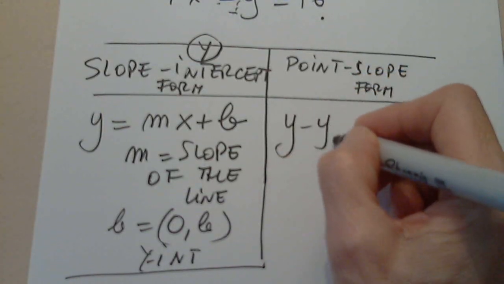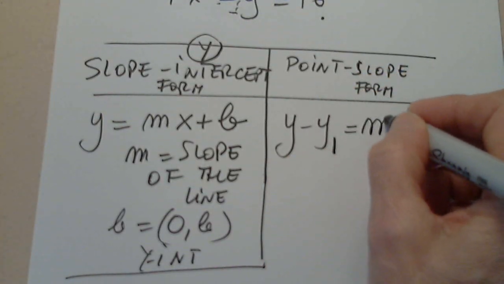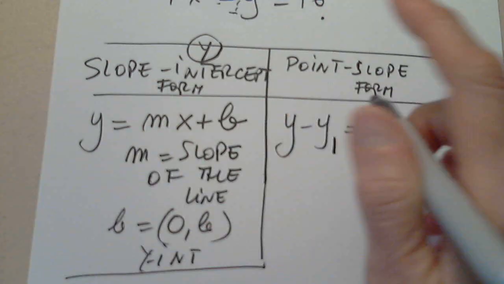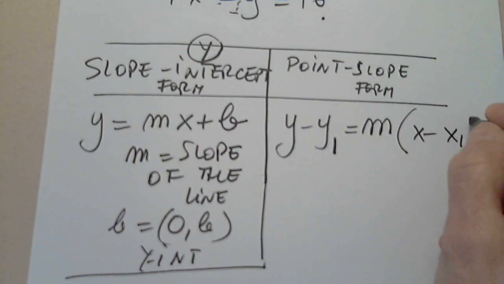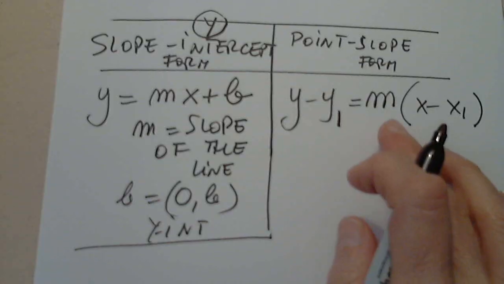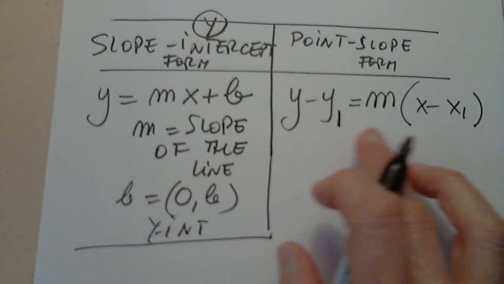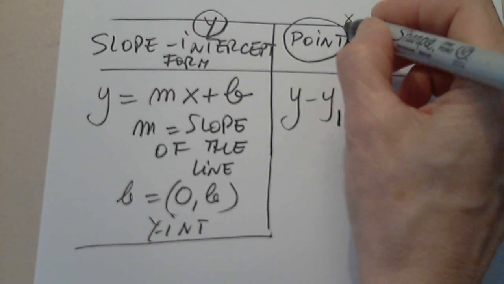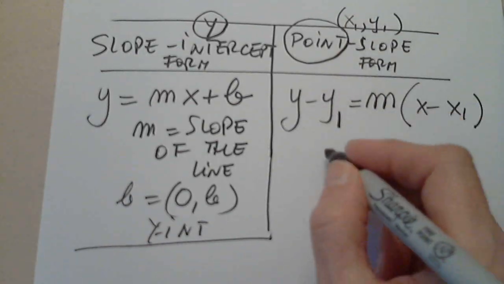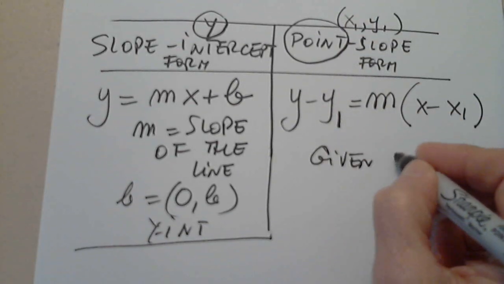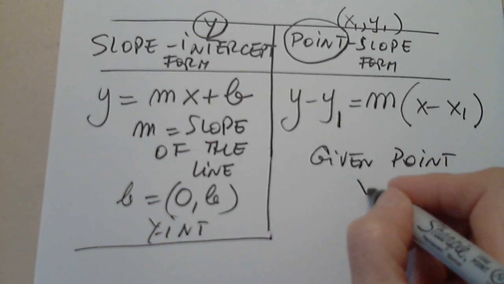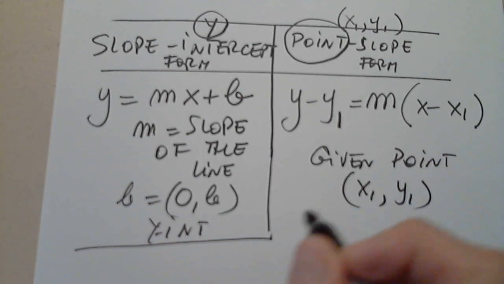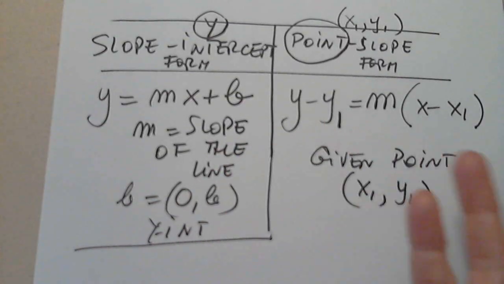Y minus y1 equals the slope, the same thing, and in parentheses x minus x1. M is still the slope, but what is this x1? So this is the given point, x1 comma y1. And I can determine the equation.